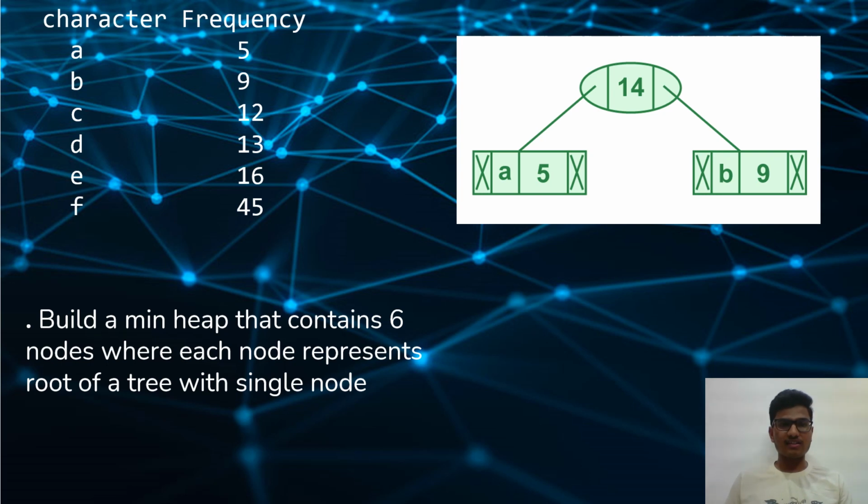Here there are 6 characters and 6 frequencies. So first we take the sum of the least two numbers, that is 5 and 9. So 5 plus 9 gives us 14 as the value. Then it is assigned to the internal node, with the left child A5 and the right child B9, which gives 14 as the result.